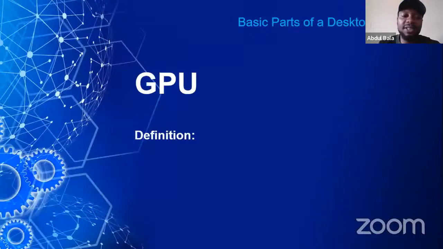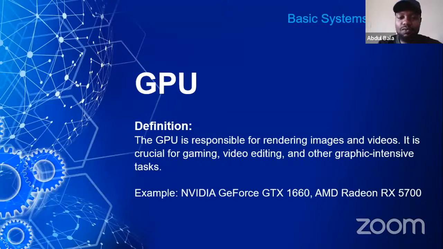So we now have the GPU. The GPU is the graphics processing unit. It is responsible for rendering images and videos, and it is crucial for gaming, video editing, and other graphics-intensive tasks.